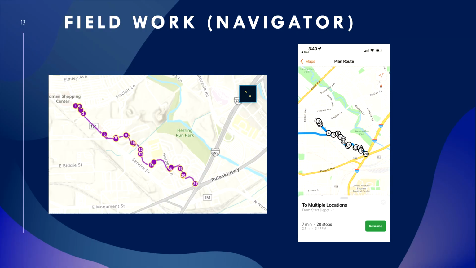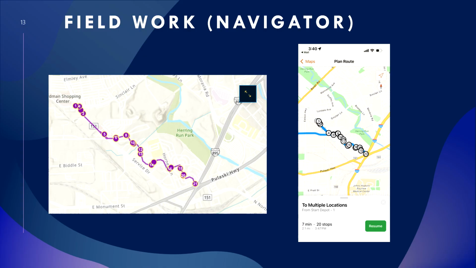As part of that field work, I also used the Navigator app. Here you see my first run, basically. I took a subselection of 20 of the potential spots and used the Plan Route tool in Map Viewer to get an optimized route.